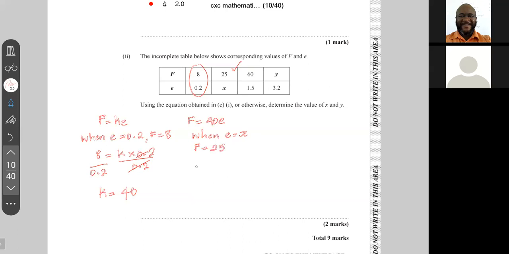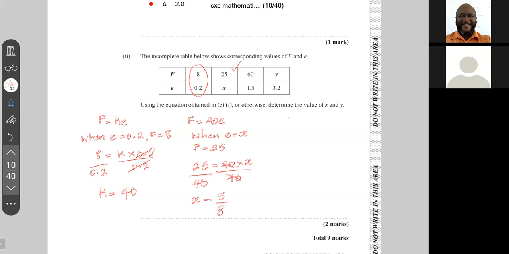So let's put in this. 25 is equal to 40 times E, which is X. If I divide both sides by 40, I'm going to get that X is equal to 25 over 40, which is the same as saying 5 over 8. X is equal to 5 over 8.